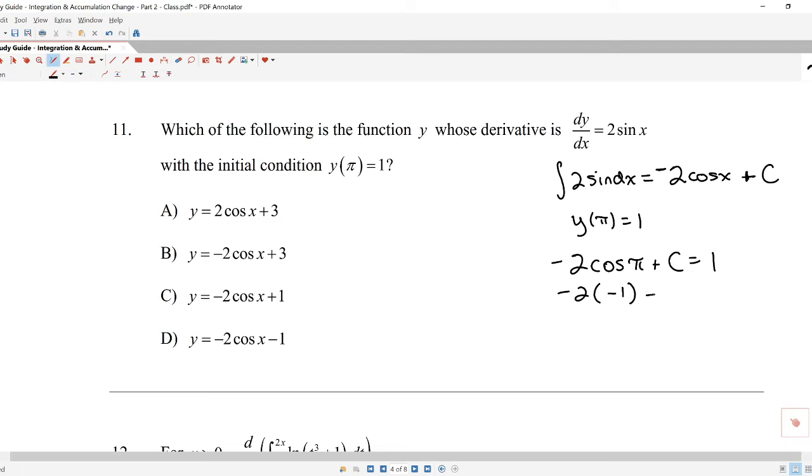Cosine of pi is negative 1. Negative 2 times negative 1 is 2. So c is going to be negative 1. So then, y of x is negative 2 cosine of x minus 1.